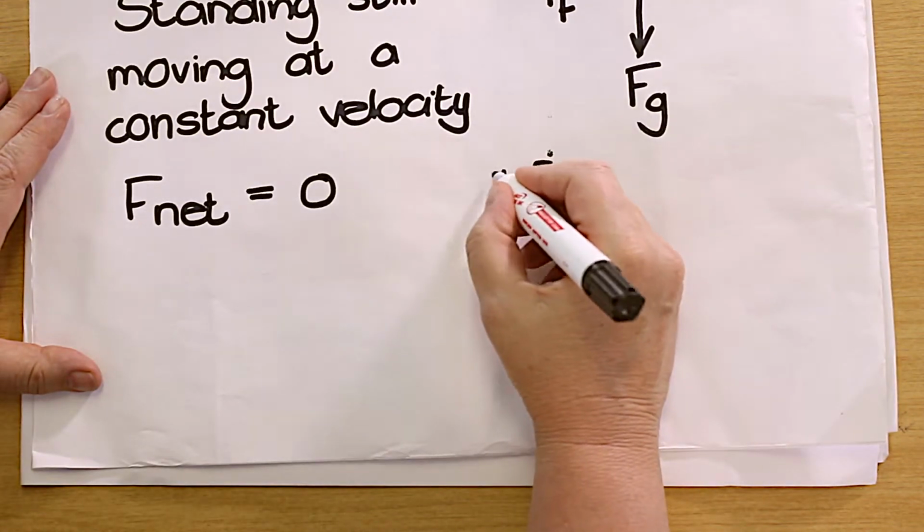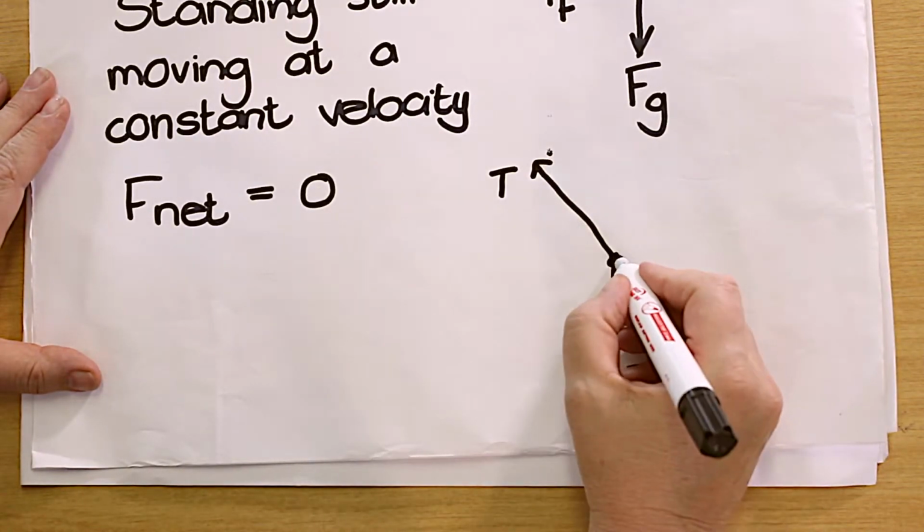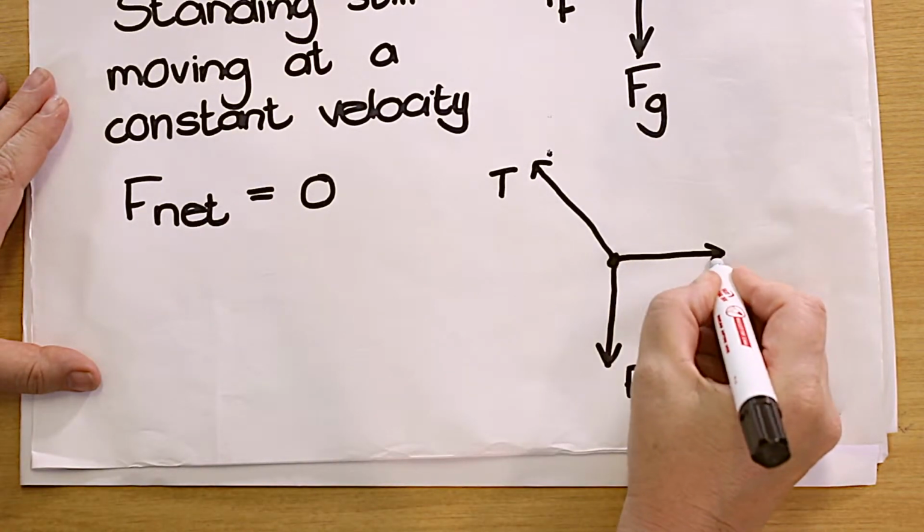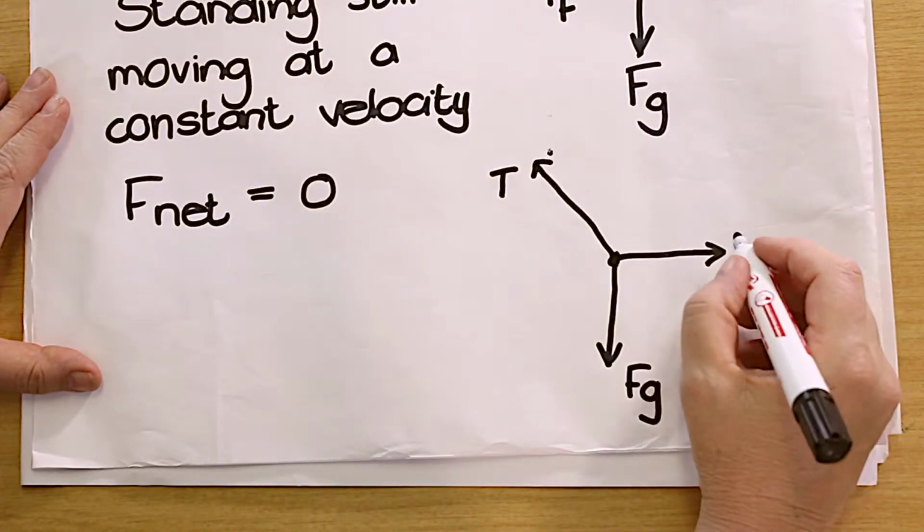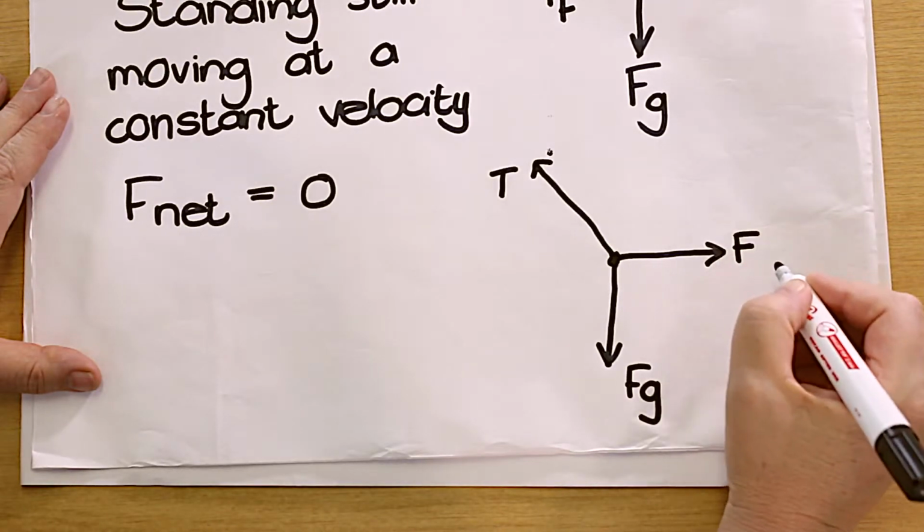I'm going to call that tension. And then I am pulling this object sideways. In other words, that is my force applied. The object is standing still. So these three forces are in equilibrium. When I add them together, they're going to have a net force of 0.